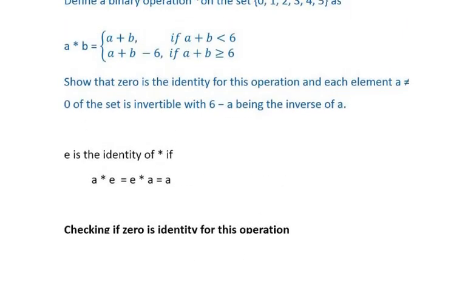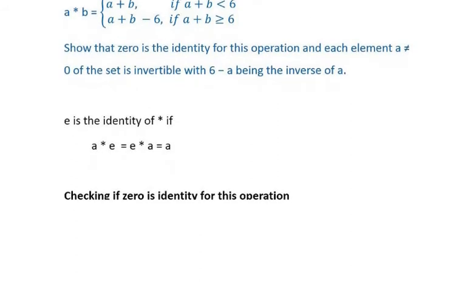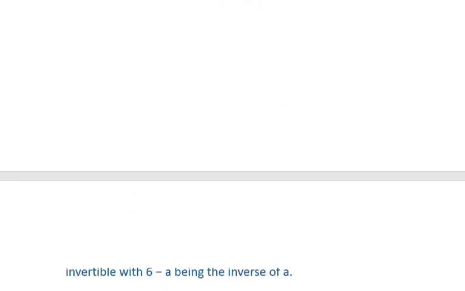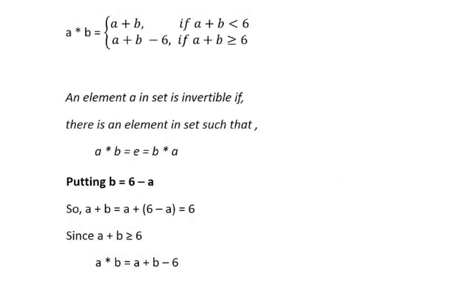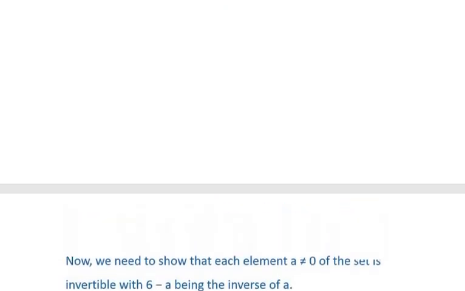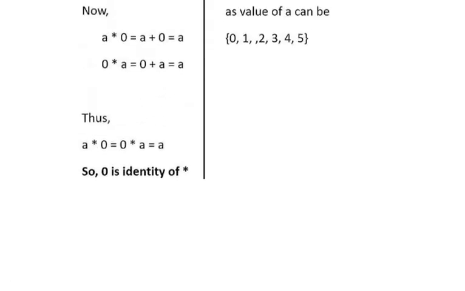So their condition, if A plus B is less than 6, A star B will be A plus B. And therefore we have started by taking two different cases, if A plus B is less than 6 and if A plus B is greater than or equals to 6. So if A plus B is less than 6, A star B will be A plus B.